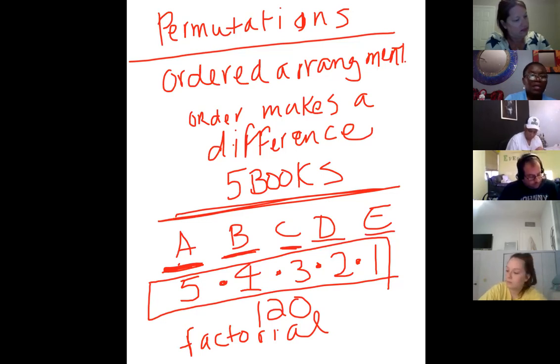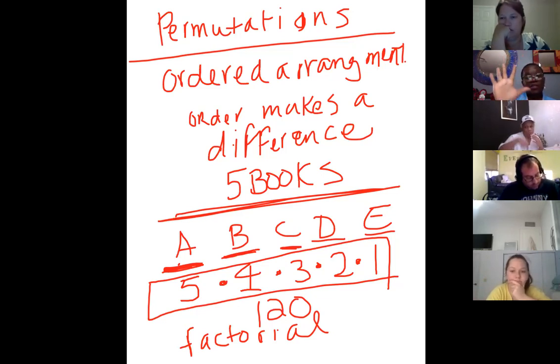Someone just asked me, why didn't you start from 1 to 5, not 5 to 1? Because when you first start, Nikki, you're starting with 5 books, so you have 5 choices. Once you read the first one, you're down to 4 choices, and you keep going until you have 1 left.